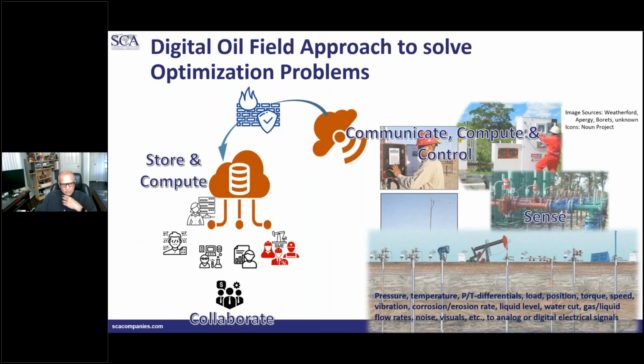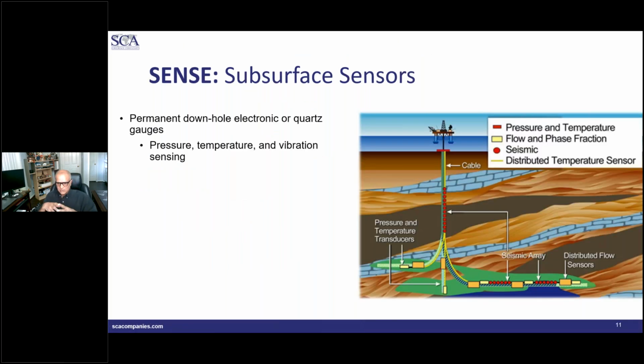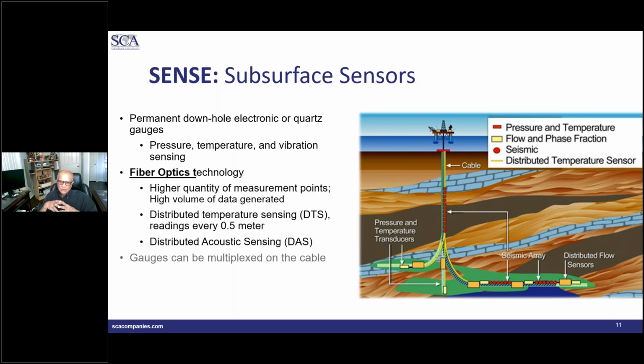So again, I bring back the same graphic that we saw a few slides back, so that we keep in mind where the data is coming from. And as I showed here, there is field instrumentation that provides pressure, temperature, differentials, load, position, etc. With that, there are some other data that we are capturing increasingly from inside the wellbore or closer to the reservoir.